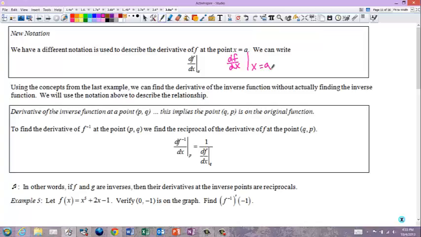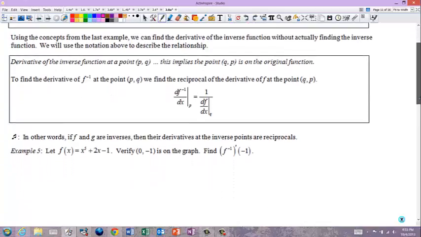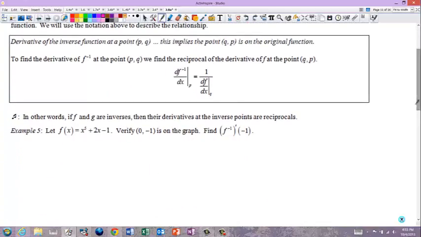We will use the notation above to describe the relationship. Derivative of the inverse function at a point (p, q). This implies that point (q, p) is on the original function. To find the derivative of the inverse at the point (p, q), we find the reciprocal of the derivative of f at the point (q, p). I would be willing to bet you have no idea what I just said.